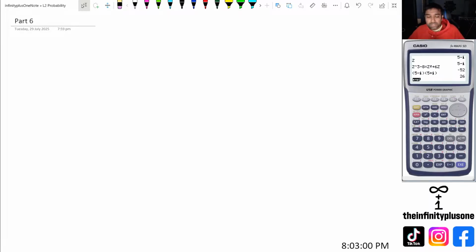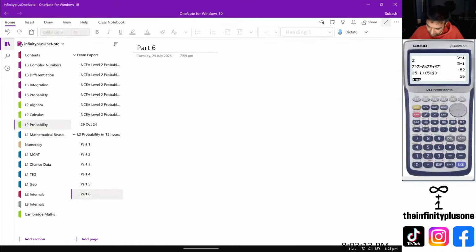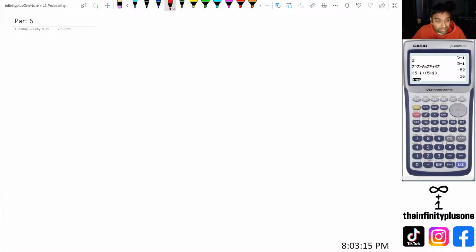Okay, so to get started today, as I mentioned before, we were going to do inverse normal distribution. Here we go, we've connected.